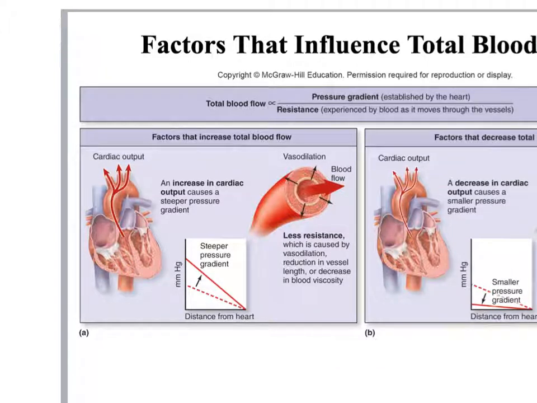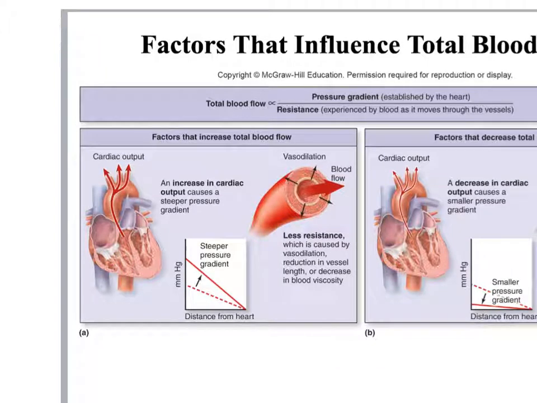But we talked about a number of factors that control cardiac output. We talked about increasing heart rate, increasing stroke volume. If you do those things, whatever they might be, sympathetic nervous system input, exercise, whatever, they increase heart rate, it's going to lead to an increase in cardiac output, and that's going to lead to an increase in blood flow. Okay.